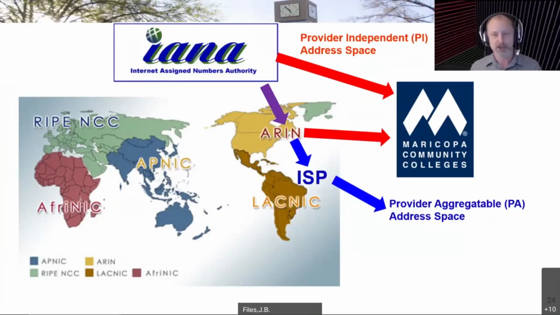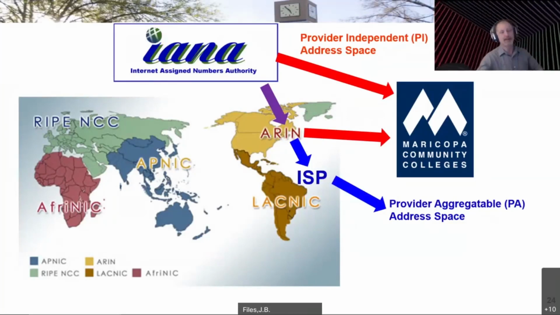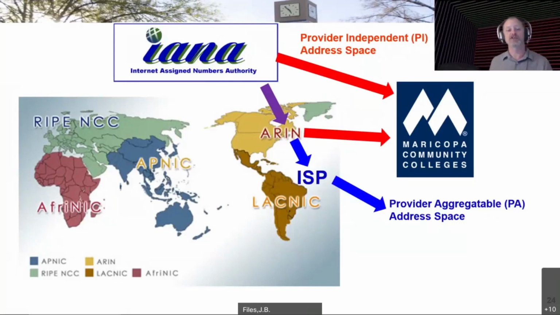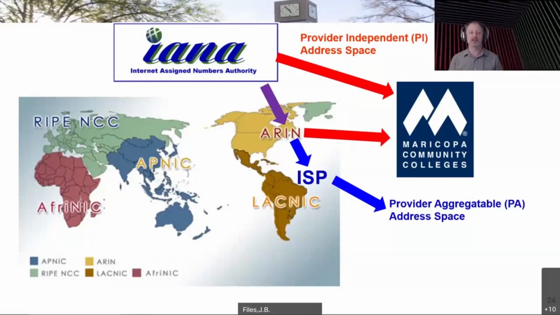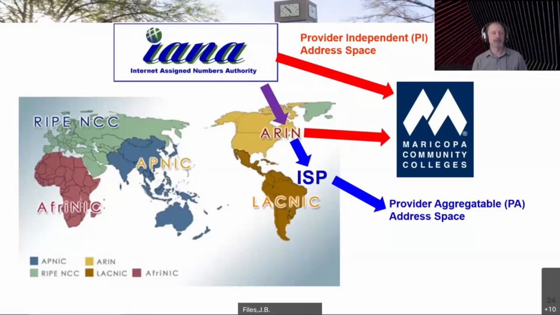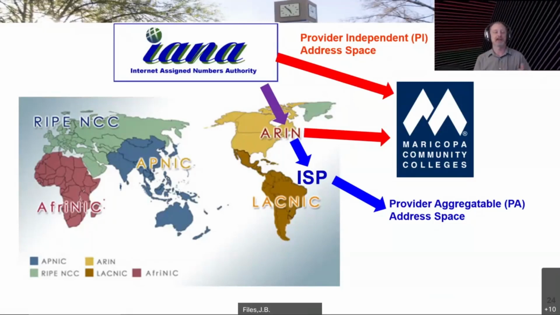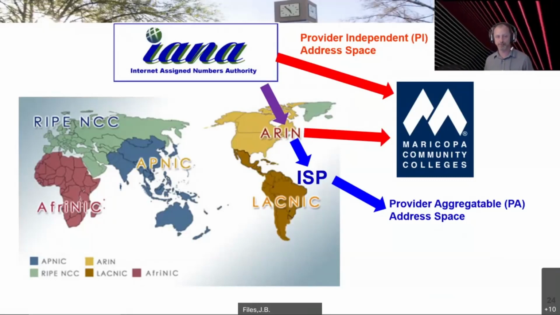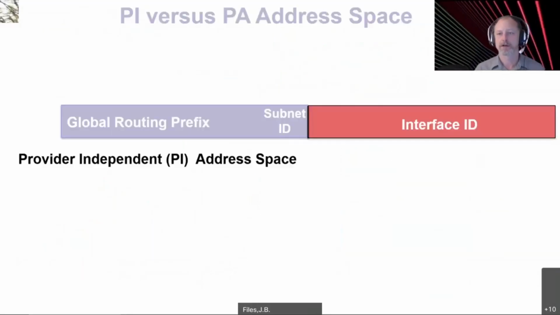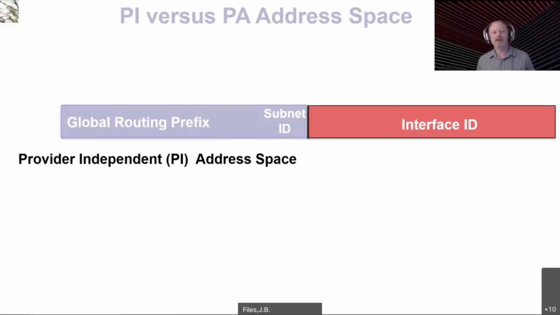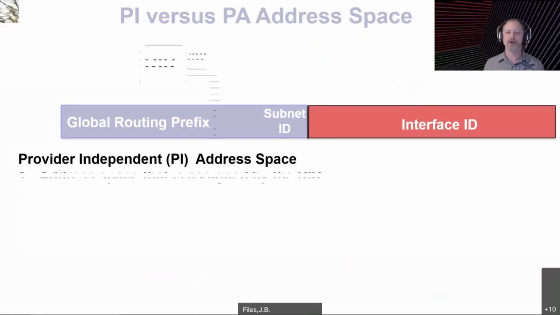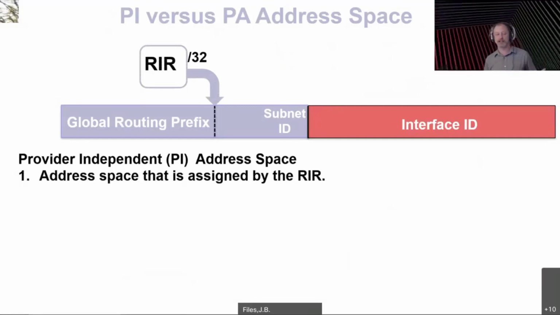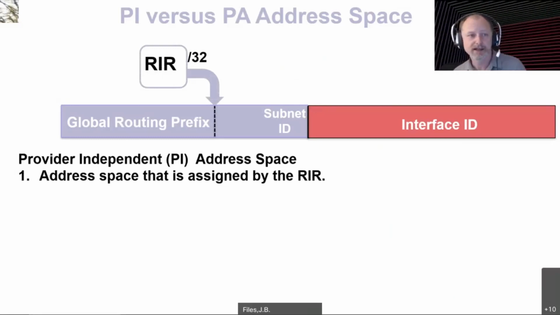Okay, so your IP address that you get dynamically assigned to you at home, well, that IP address belongs to your service provider and is aggregated into your service provider's paths or subnets, right? Advertised via BGP. Okay. So your provider independent address space is going to be address space that's assigned by the regional registry, unless you're getting it directly from IANA, which is unlikely.